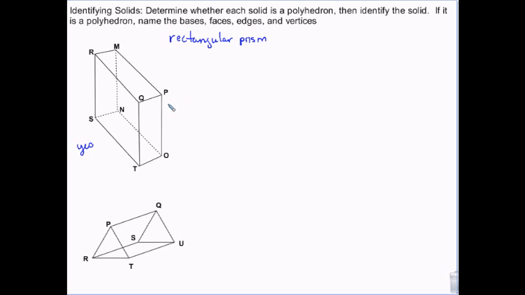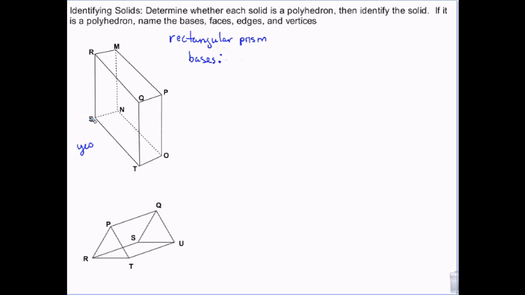So this side is congruent to that one, the front is congruent to the back, and this one's congruent to that one. Does that make sense? So you have a choice on which ones you decide are the bases. Do we want the big ones to be the bases, the top and the bottom? The big ones? Okay.